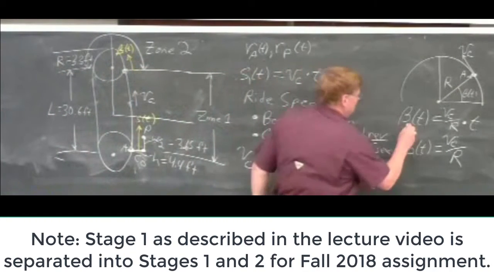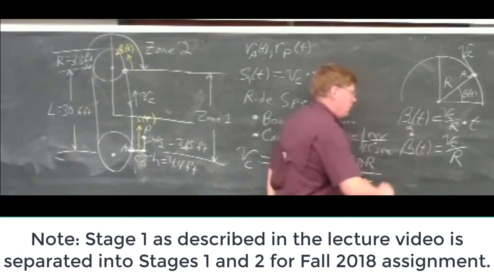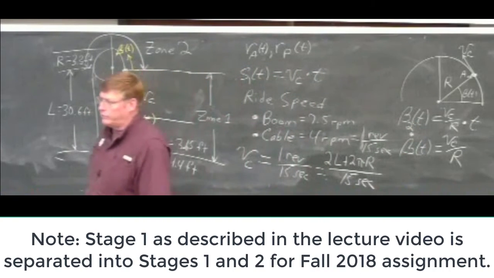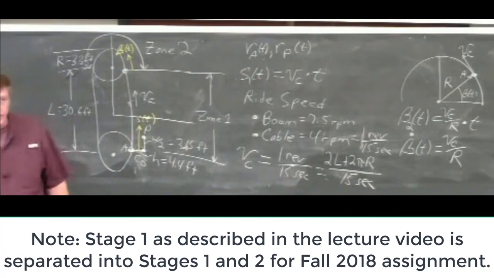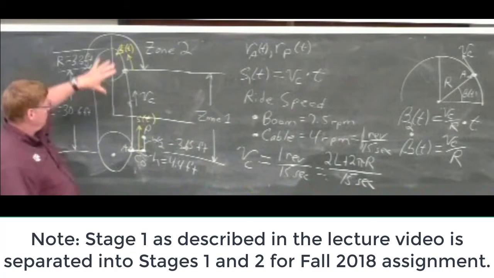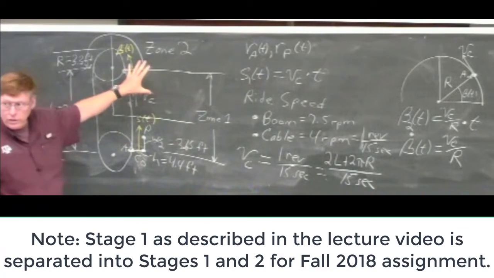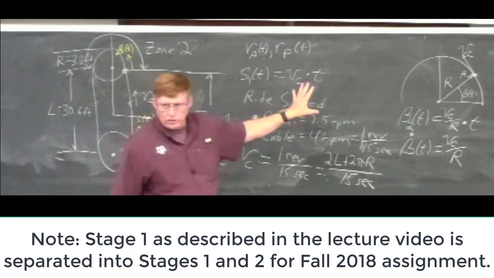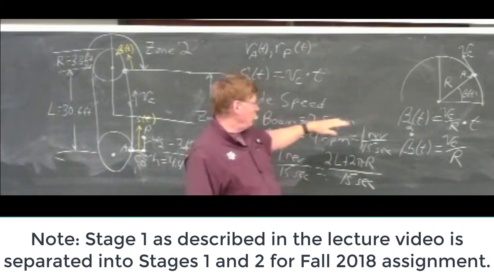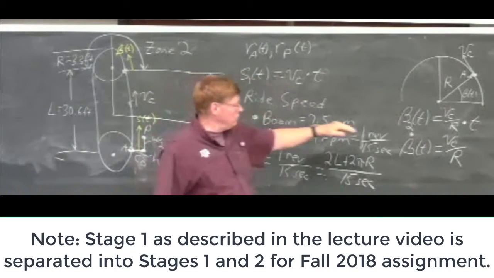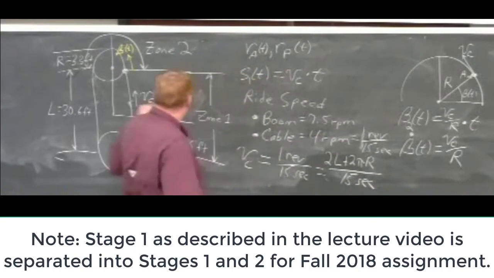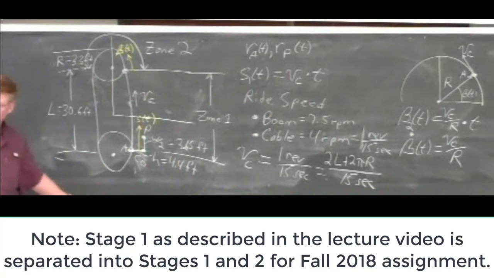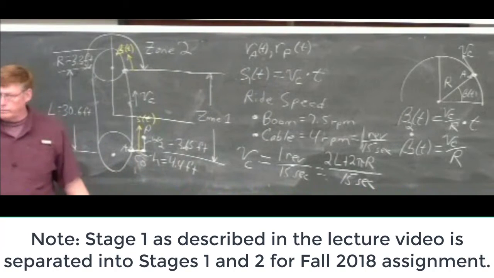It's very important that you keep things segmented into which zone you're in, because your equations change depending on which zone. So we'll say S for zone 1, beta for zone 2, S for zone 3, beta for zone 4, okay?